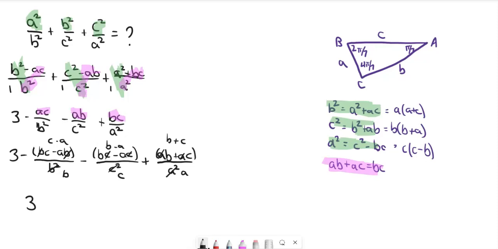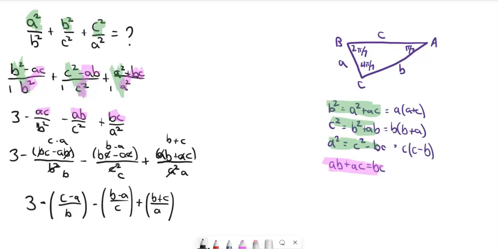So down below, we've got 3 minus c minus a over b minus b minus a over c plus b plus c over a, just like so.